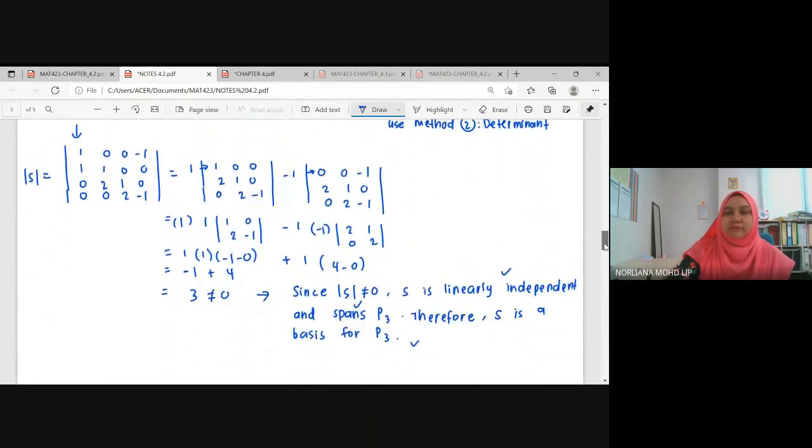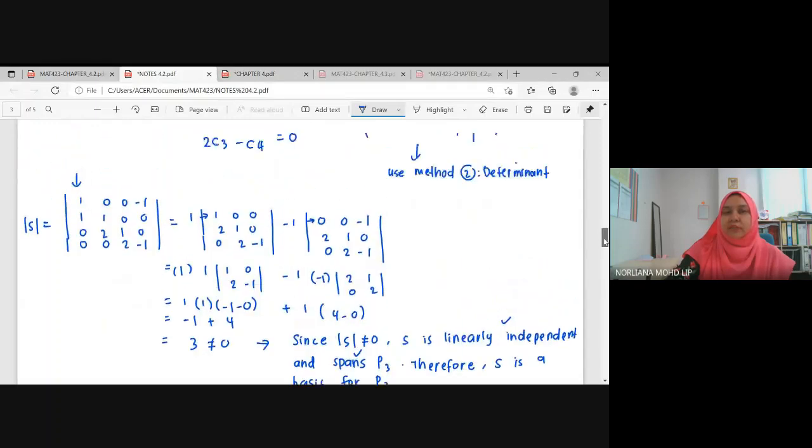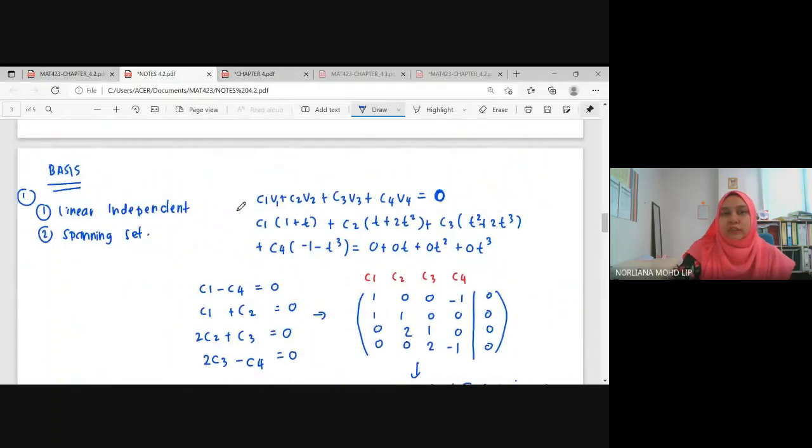Boleh? Kalau method yang pertama, you all perlu proof dua-dua ni. Gunakan satu-satu lah tadi, linear independent. Yang ni kena reduce sampai dapat C1, C2, C3, C4 equal to 0. Then show the linear independent. Kalau method yang pertama lah.